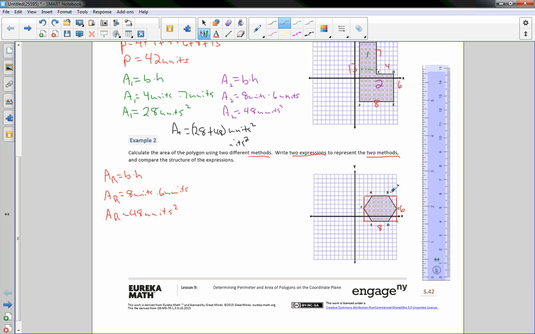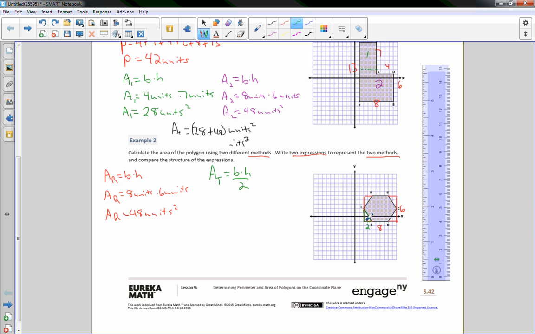Now I have too much area there. I now need to subtract these triangles. So there are 1, 2, 3, 4 triangles. They are all congruent. So I'm just going to focus on one of them, multiply it by 4, and that'll be the area of the 4 triangles. So the area of one of the triangles equals base times height divided by 2.